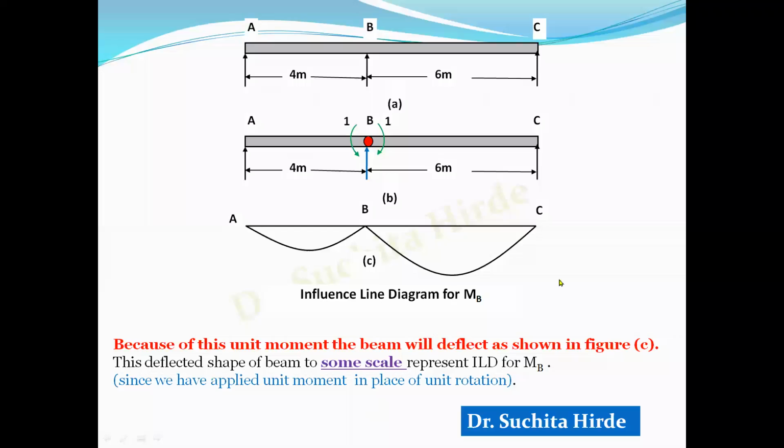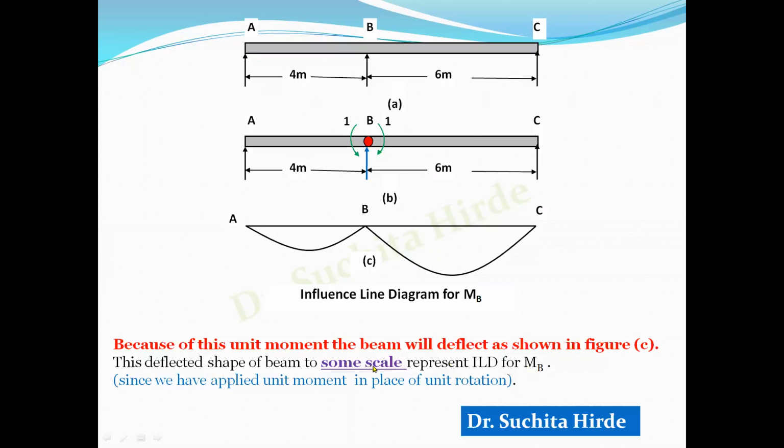We apply a unit hogging moment, because here the moment is negative, and because of the unit moment, the beam will deflect as shown in this figure. And this deflected shape of the beam to some scale represents the ILD for bending moment at B.